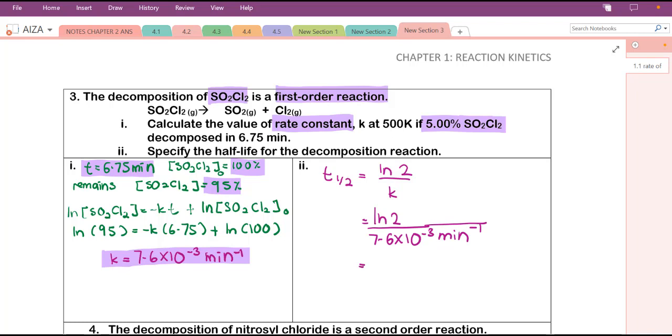Okay, so the half-life is 9.12 minutes. So from 100% to become 50%, the time taken is 9.12 minutes.